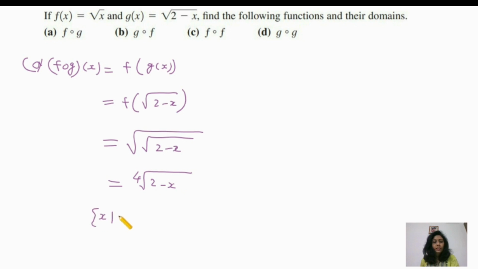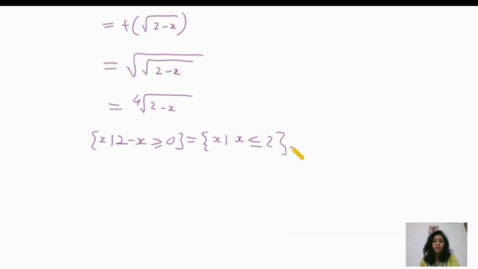So the domain is x such that 2 minus x is greater than or equal to 0, or we can say x such that x is less than or equal to 2. Okay, so this is the domain.